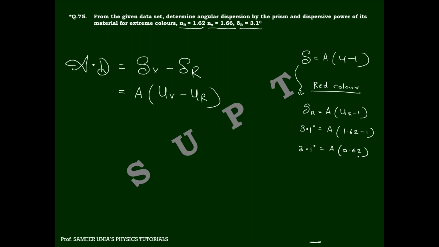So this will go 5 times. A will become how many degrees? 5 degrees. 5 degrees is very small. That means it is which prism? Thin prism. Now we have got the value of A. Here we'll put it in. μ_V is given as 1.66, minus μ_R 1.62.